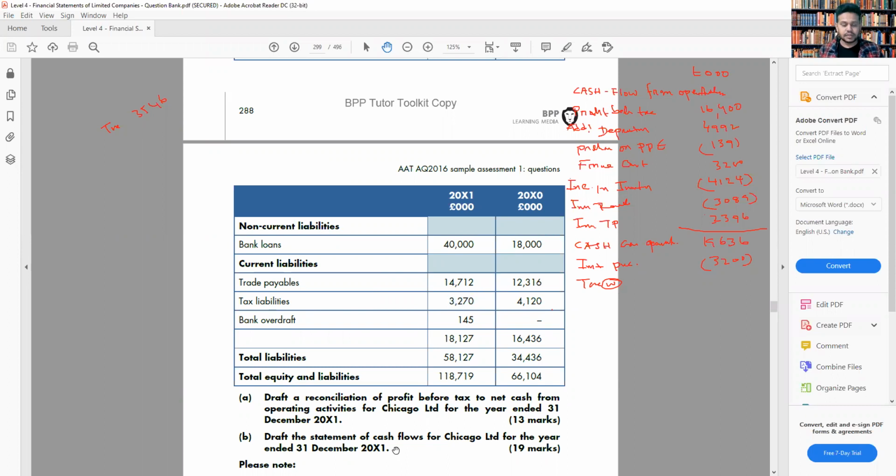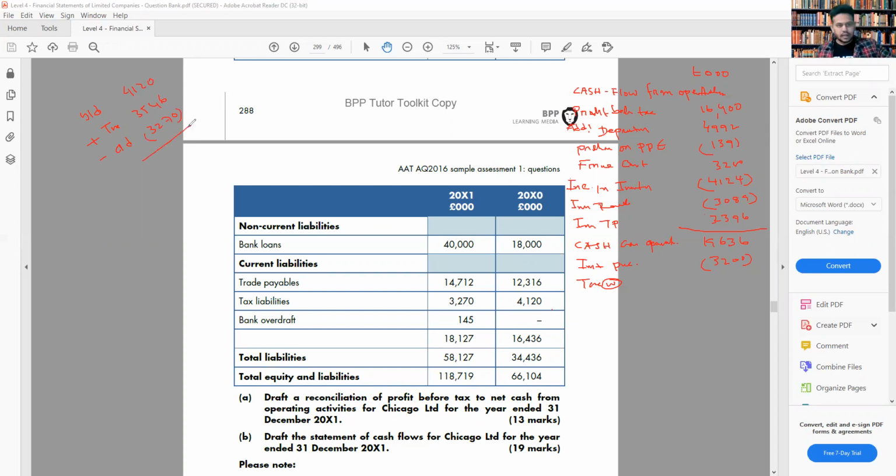So I said, let me do some workings, because at the beginning of the year, my tax liability was 4120. So I said balance BD, that comes from last year, 4120, and this year I have 3546. So I'm going to add and minus, I still have tax liability 3270. So the balance CD, the closing balance, is still 3270 that I still have to pay. So how much actually did I pay? That's the question.